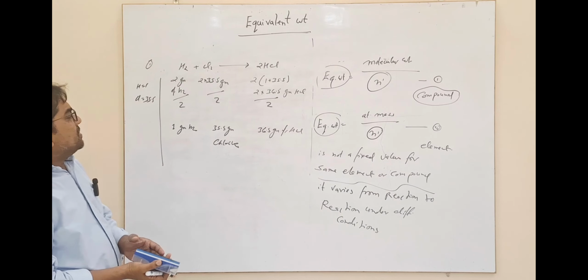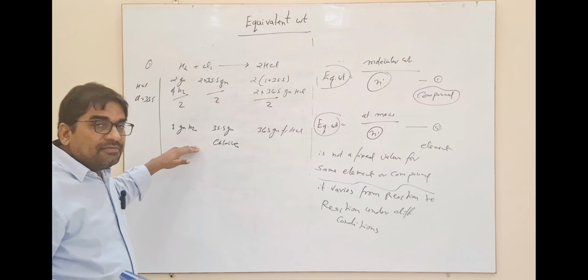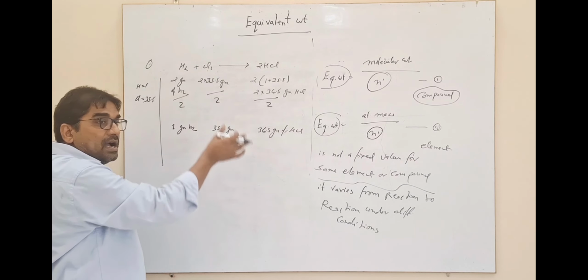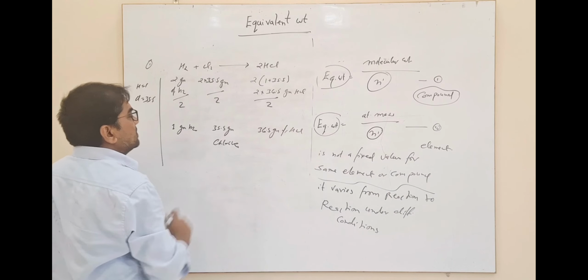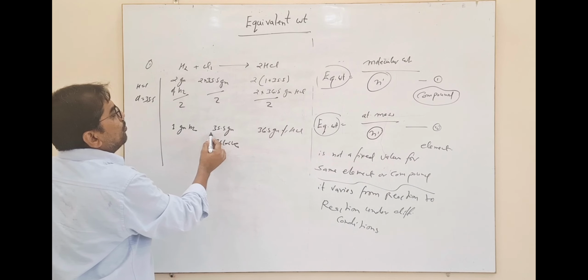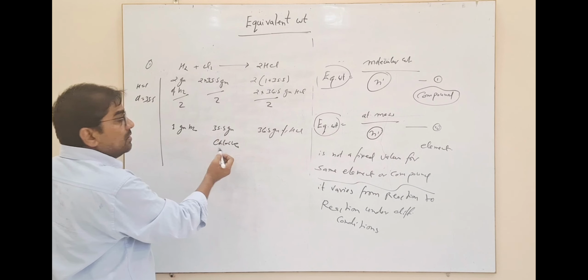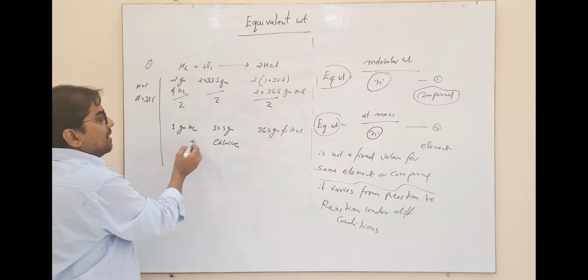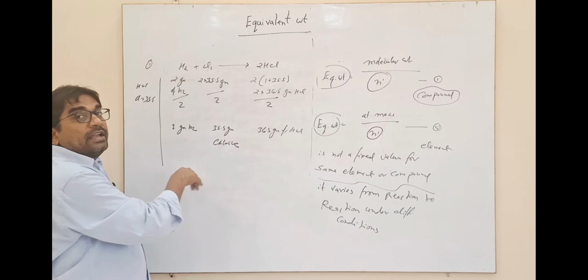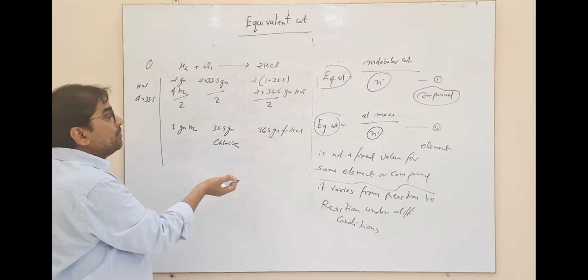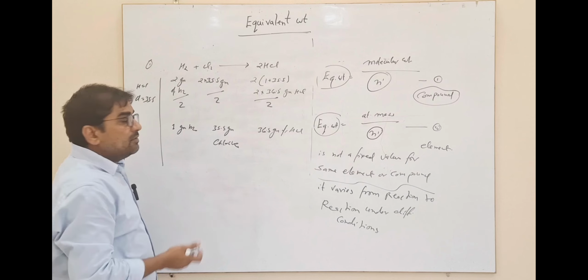So as per definition, the amount of a substance that combines with or displaces 35.5 gram of chlorine, or 1 gram of hydrogen, or 8 gram of oxygen represents its equivalent weight.